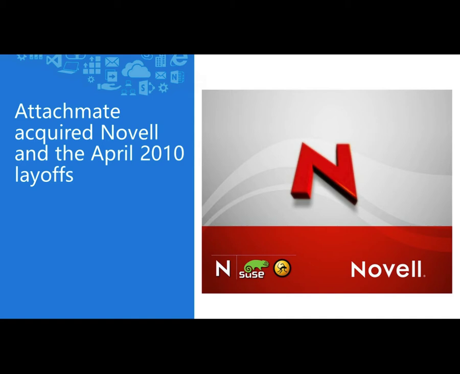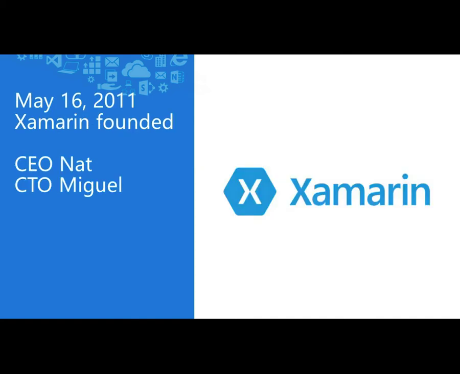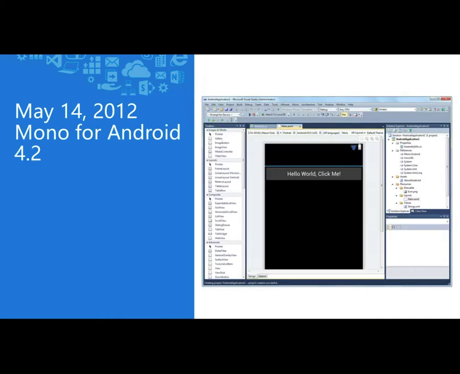There must be regrets, right? Because only a few days later, the whole Mono major team incorporated their own company called Xamarin, with Nat as CEO and Miguel as CTO. They started to take over the legacy of MonoTouch and Mono for Android from Novell, and then they embraced it and created new releases.